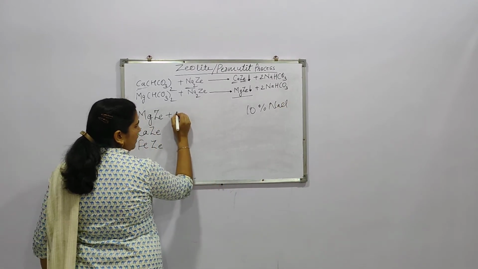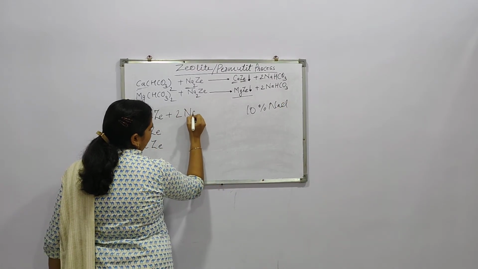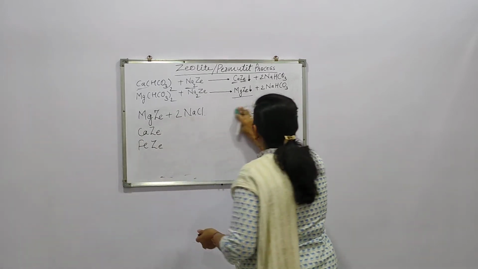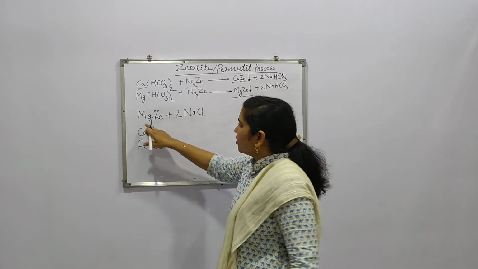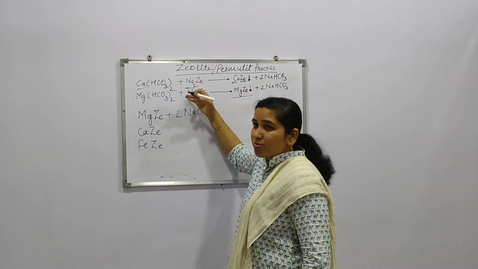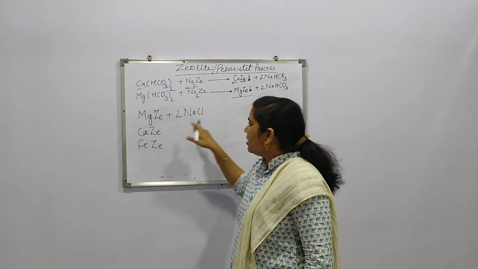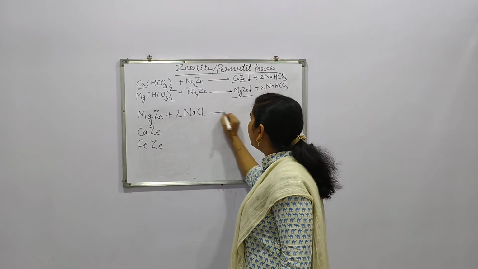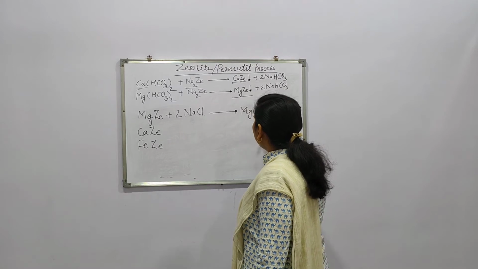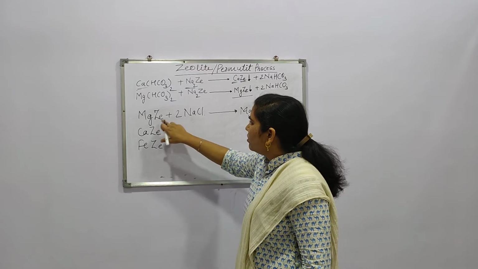So it will be treated with NaCl. What type of product will we get here? MgZe plus NaCl, the reverse of the earlier reaction will occur. So we get MgCl2 plus Na2Ze.